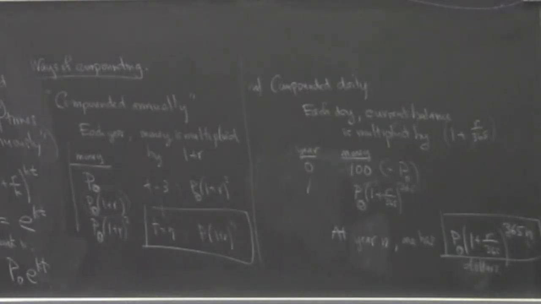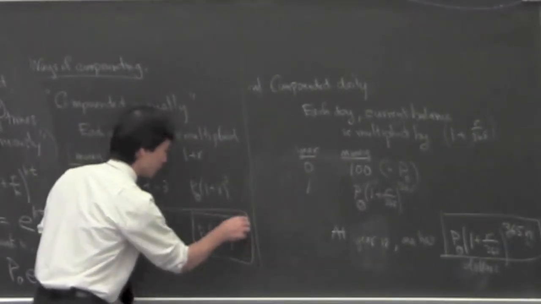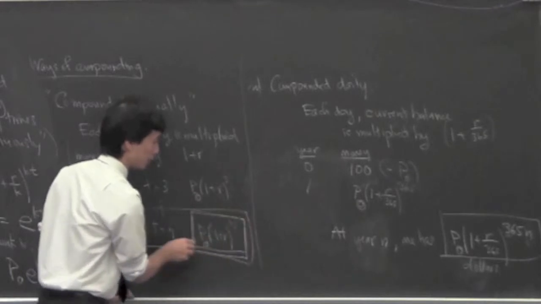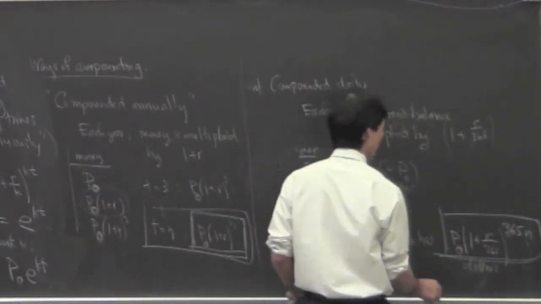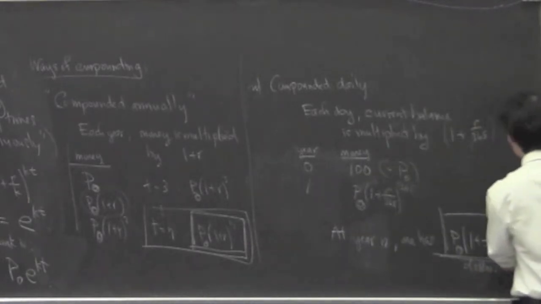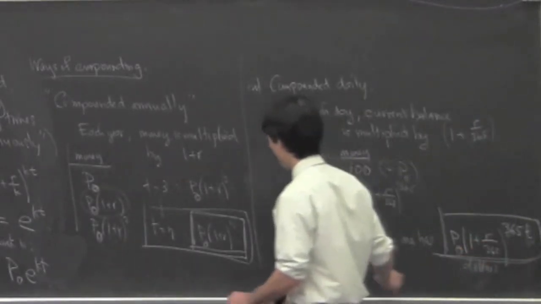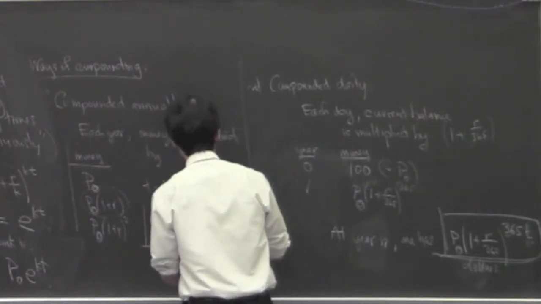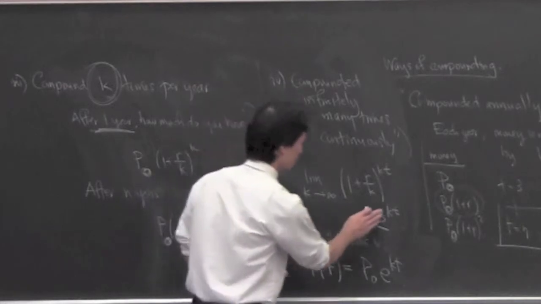Maybe the important place to put it is in these formulas. And again, let me change this to a t so that it's consistent with the book. Sorry, this should be r.